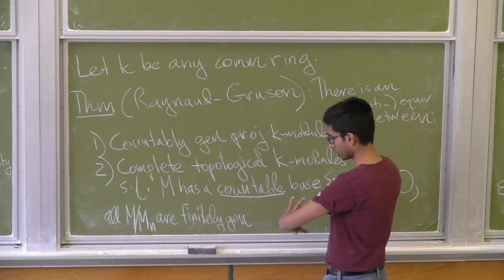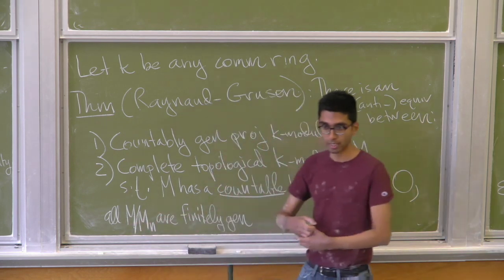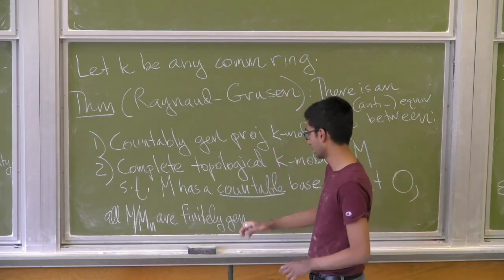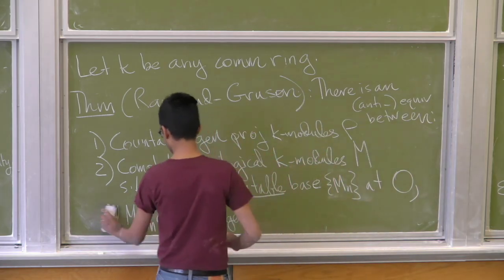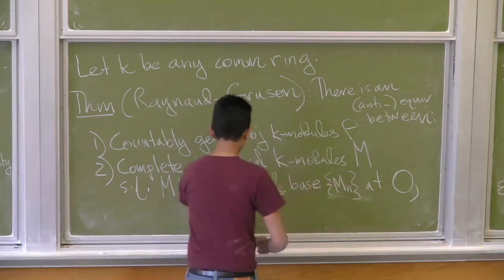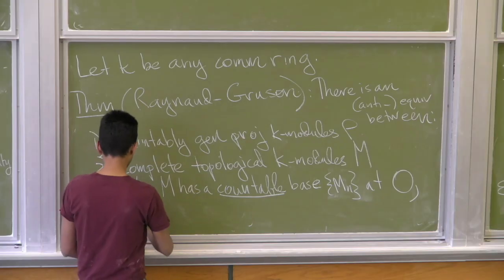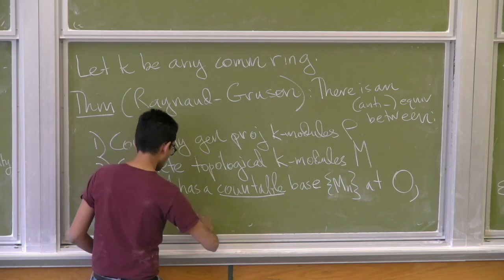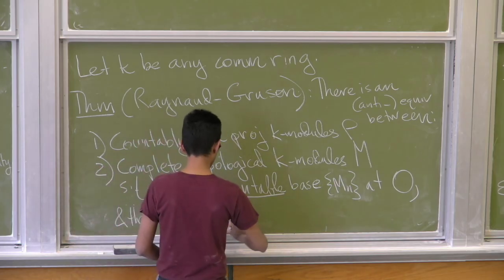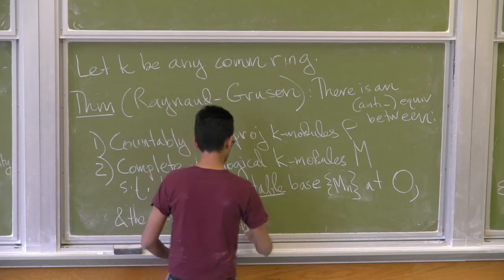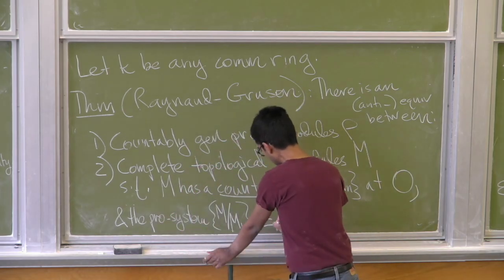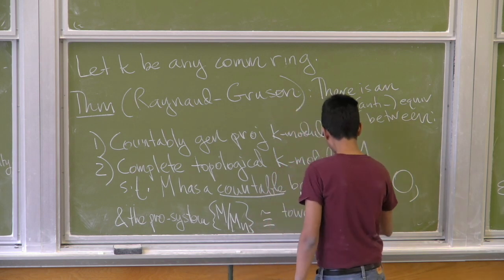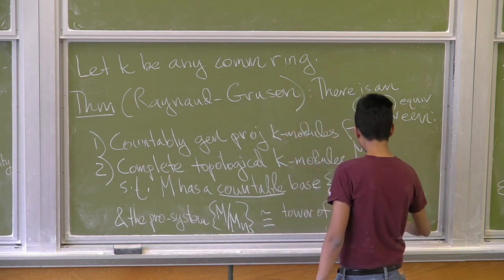And so the condition is going to be that the pro system M mod M sub n is pro equivalent to a tower of finite free k modules.